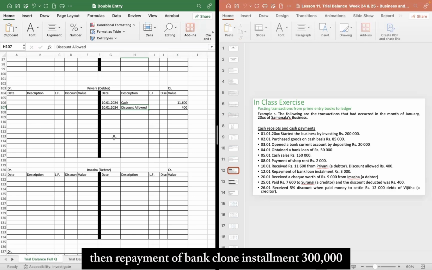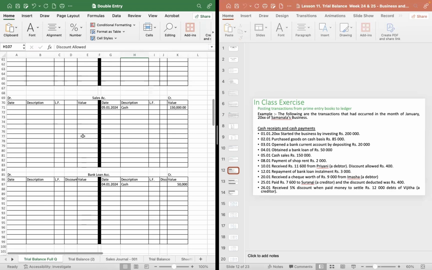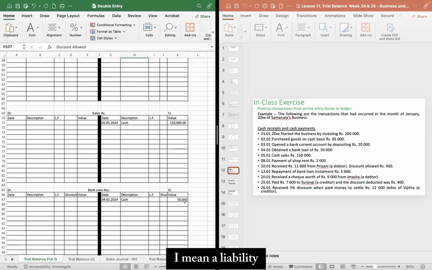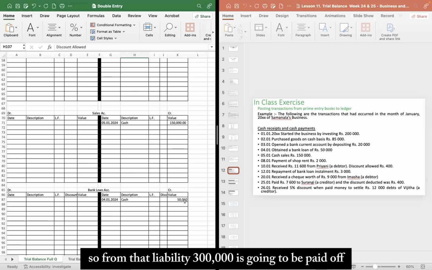Then repayment of bank loan installment 300,000. Now we have taken a 50,000 bank loan, that is a credit, a liability. From that liability, 300,000 is going to be paid off.